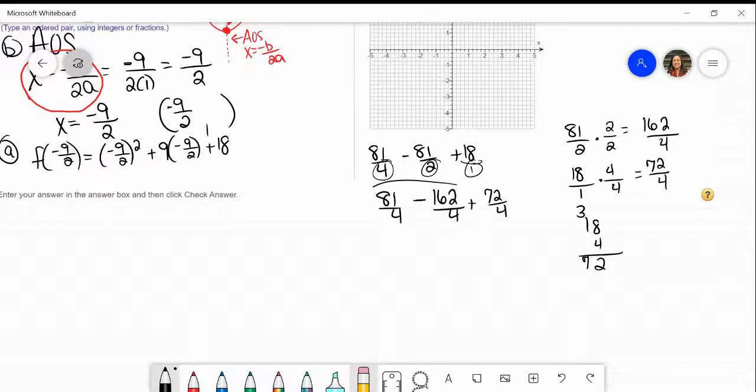Okay, so if I add these together, that's going to give me -81/4 plus 72/4. And the difference between 81 and 72 is 9. So that's going to be -9/4. So what I found is that my vertex is at (-9/2, -9/4).